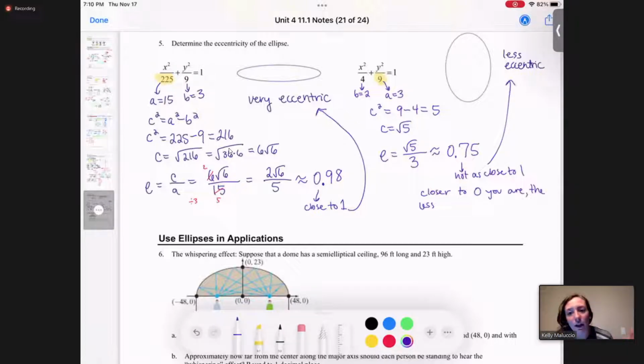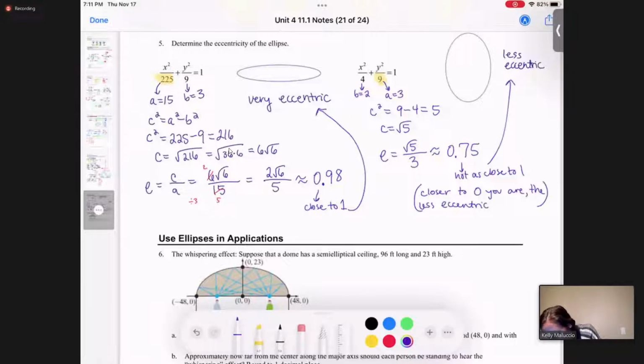It's basically on a scale of 0 to 1. 1 is completely eccentric, or we could say it has the highest eccentricity, and 0 is none. So the closer to 0, the less eccentric you are. I guess we'll just note that.